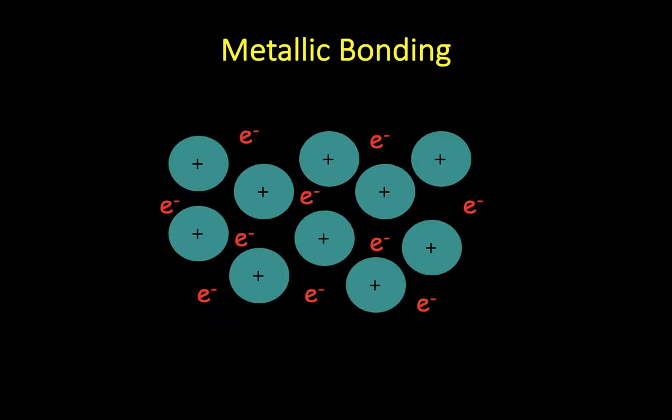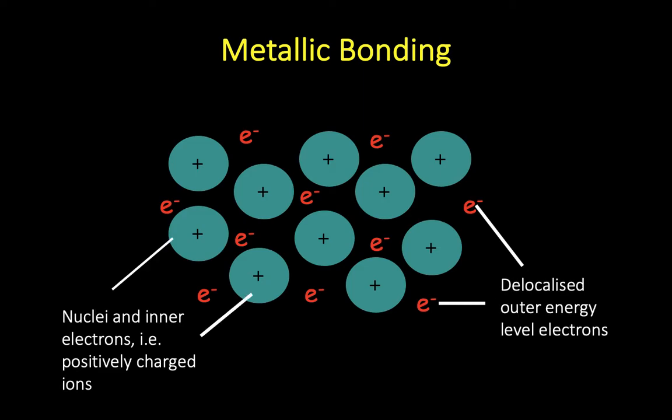On a larger scale, we have delocalized outer electrons, we have positively charged ions, which consist of positively charged nuclei and inner electrons, so all the electrons that were not in the last shell, the shell furthest away from the nucleus. Those electrons are now delocalized.